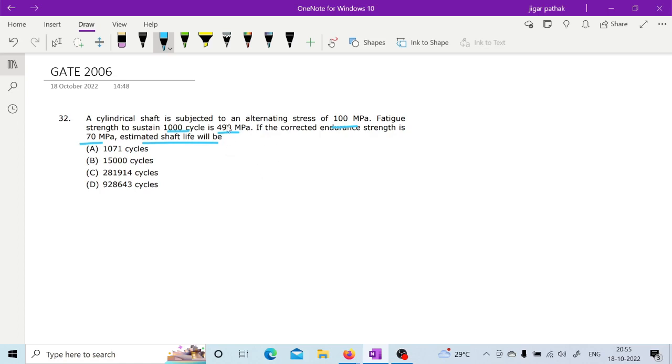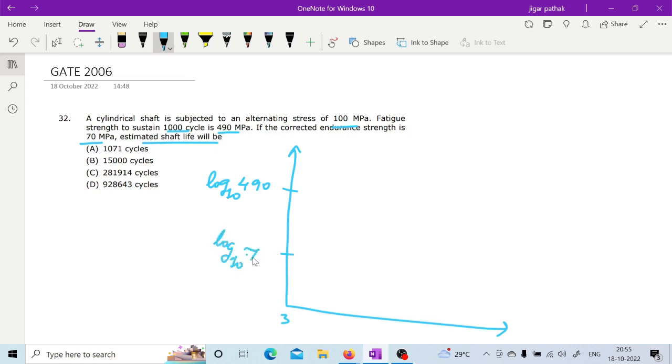Here you are given for 1000 cycles, so this value is directly 0.9 SUT only. Are you getting this? Yes or no? Because at 3 only we are having this, right? And for 6 we will have this SE, that is 70.